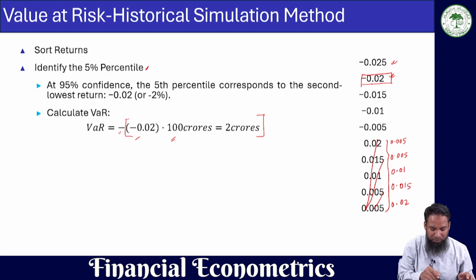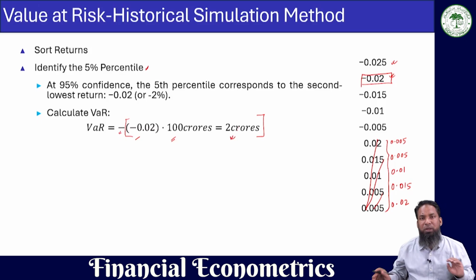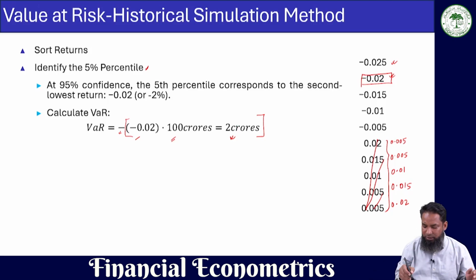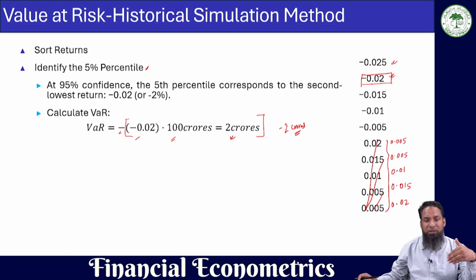Therefore we usually show it in absolute value terms. However, the actual calculation gives minus 2 crores. That will be the loss for 1 day. So this is the historical method we have.